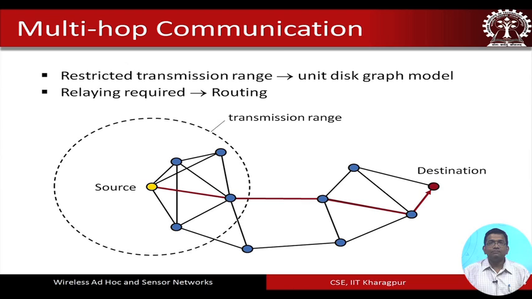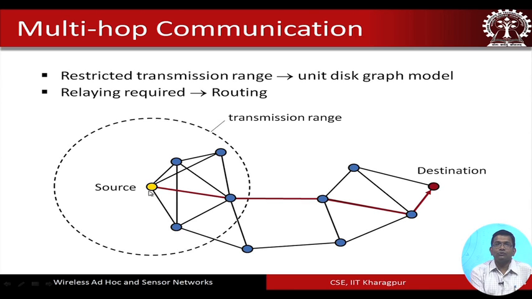If we look at this figure, we have a source node which has a transmission range like this, which denotes the unit disk graph model. Within this transmission range we have different other nodes, as shown over here.